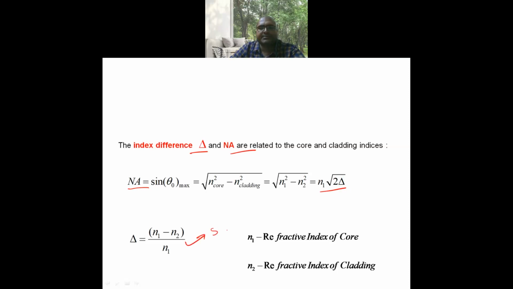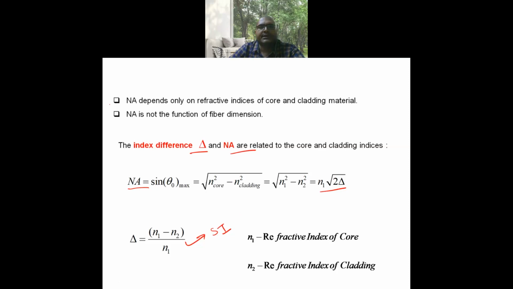This equation is valid for step index fiber, not for graded index. Numerical aperture depends only on the refractive indices of the core and cladding material. NA is not a function of fiber dimension.